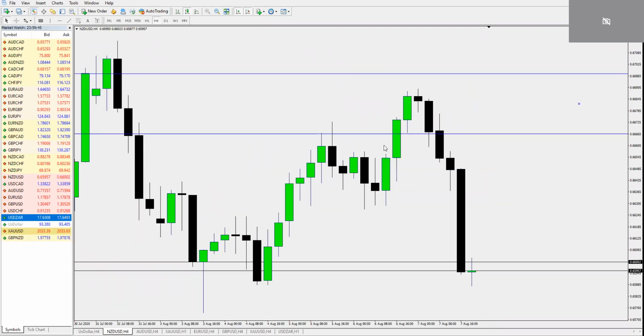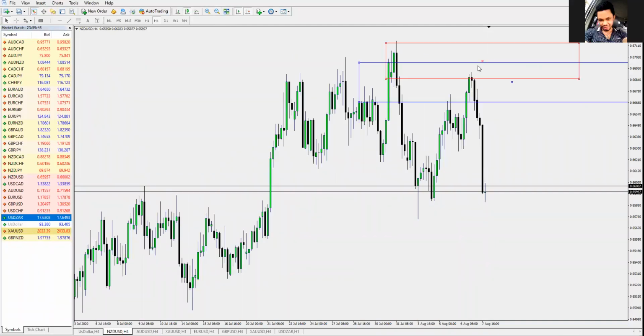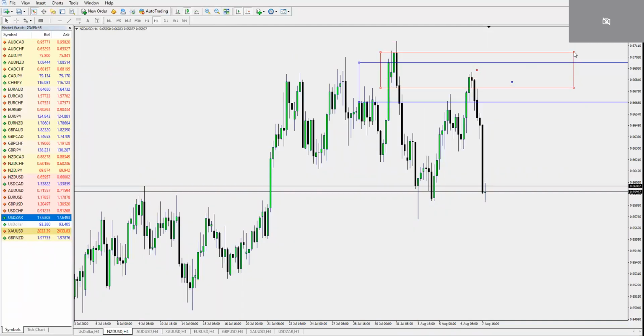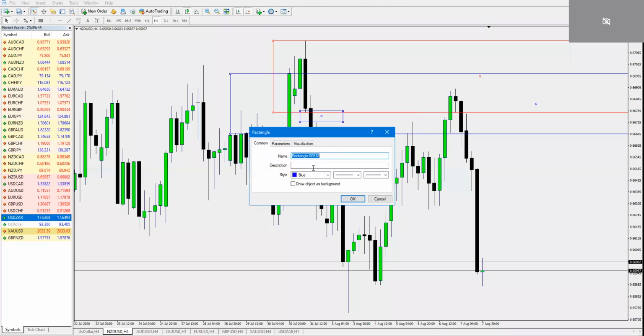We go down to the 4-hour chart, and this is a 4-hour order block over here. So that is a large 4-hour order block. Okay. So on the 4-hour order block, the daily order block, we also now have a fair value gap sitting over here on the 4-hour chart.